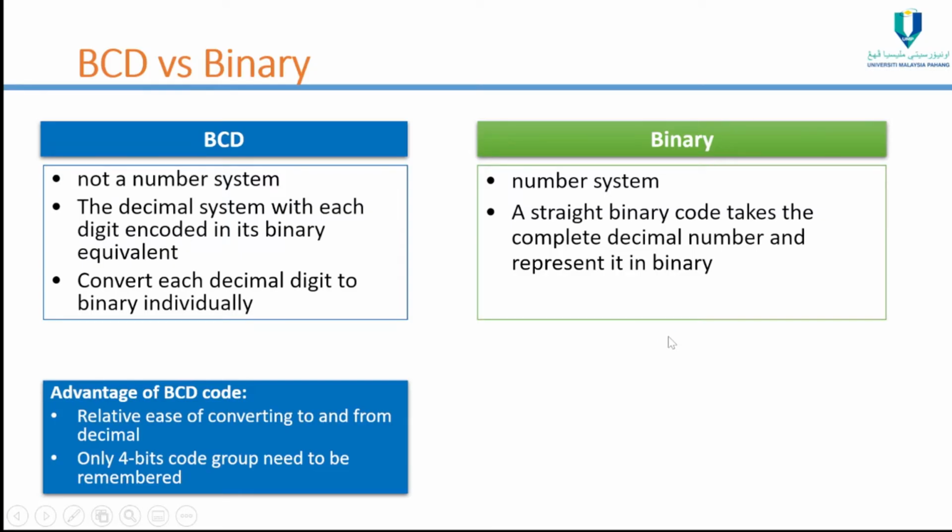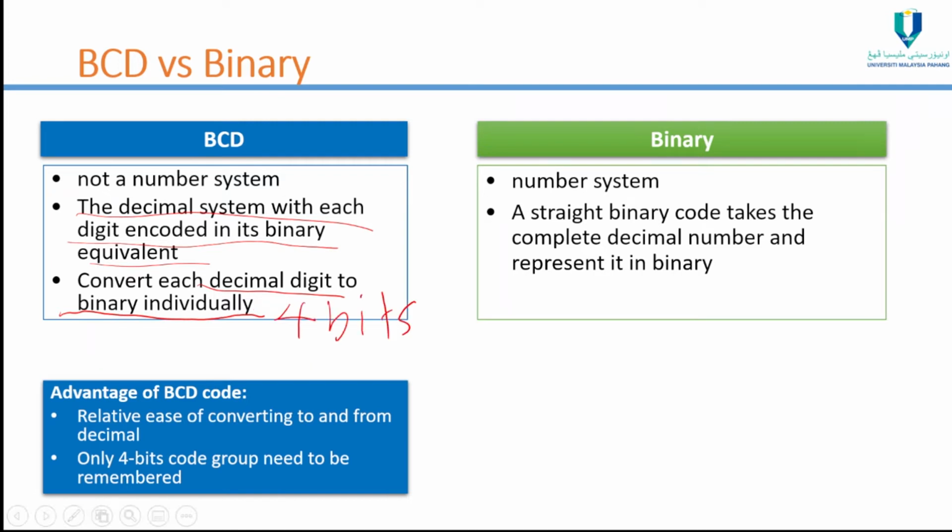Let's have a bit of summary here between BCD and binary. BCD is not a number system. It's a coding system actually, while binary is a number system, just like decimal, hexadecimal, and octal. In BCD, the decimal system has each digit encoded in its binary equivalent, just as I explained just now, and each decimal digit is converted into binary code individually using 4 bits.